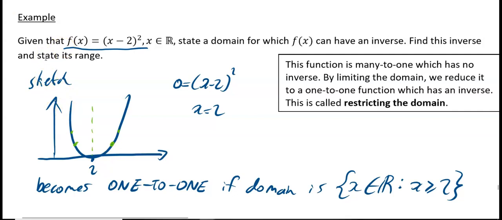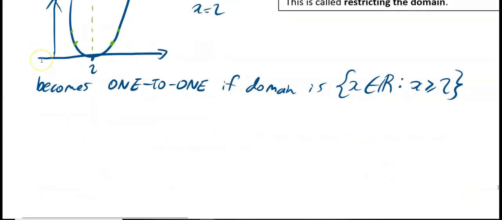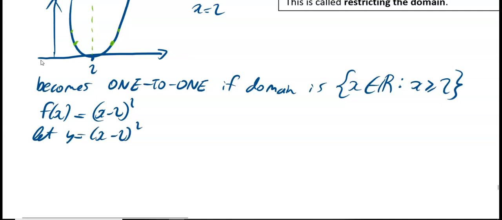Next thing it says, after we've restricted the domain, is find the inverse and state its range. So we have to actually find the inverse. I will write down our function again. It was f of x is equal to x minus 2 all squared. So we'll say let y equal x minus 2 all squared, and then I'm going to make x the subject. Two things are happening to my x at the minute: you're taking away 2 and then you're squaring. The first thing to reverse is the squaring, so take the square root.